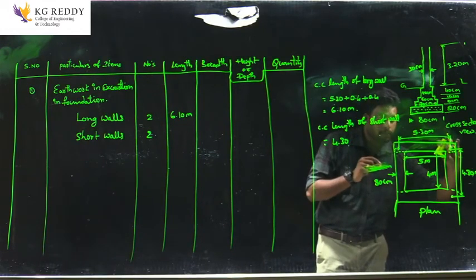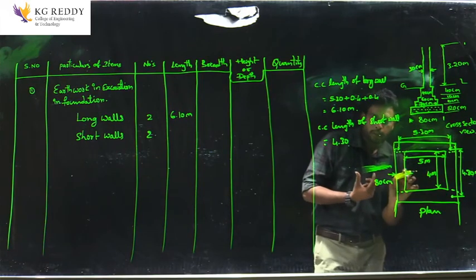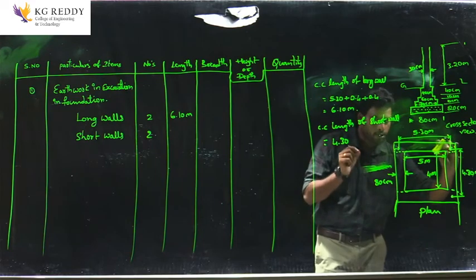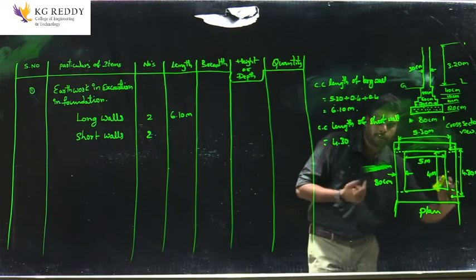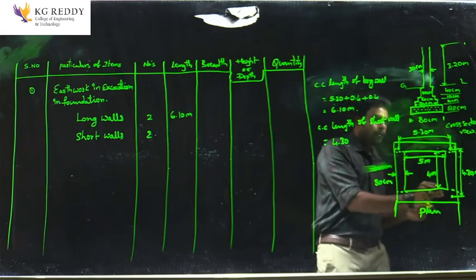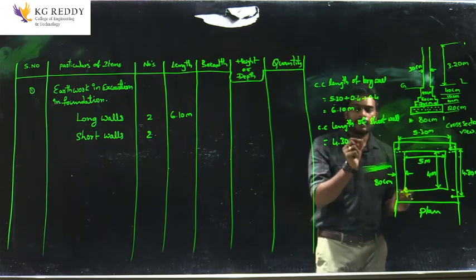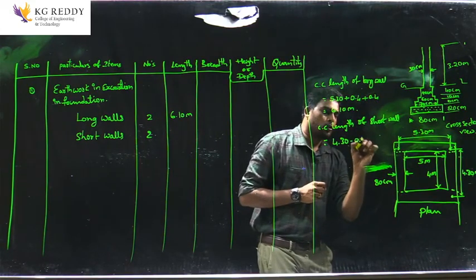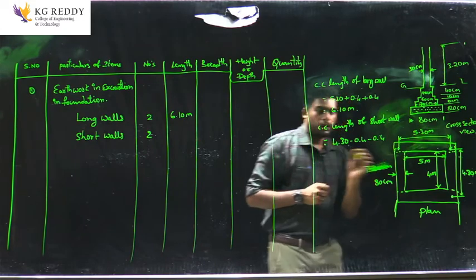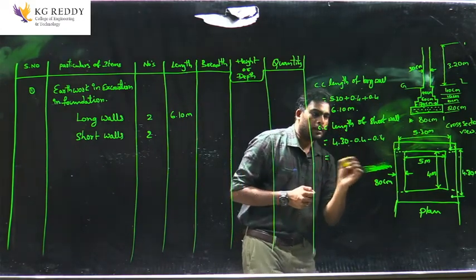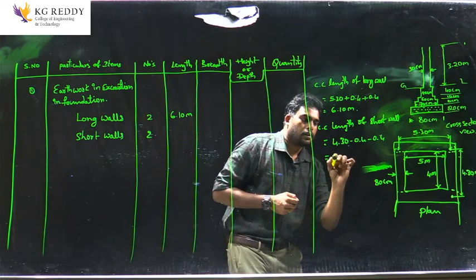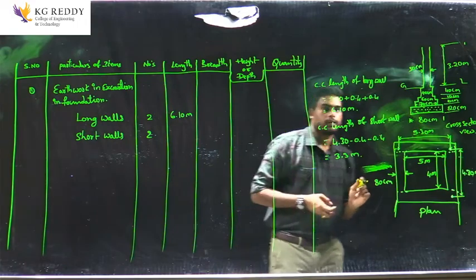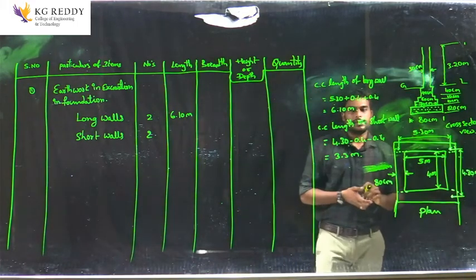Total width of excavation is 80, so half means 40, 0.4, and here also 0.4. This 0.4 and 0.4, total 0.8, we will deduct from the center to center length of the short wall. So 4.3 minus 0.4 minus 0.4, we will get the total of 3.3 meters.